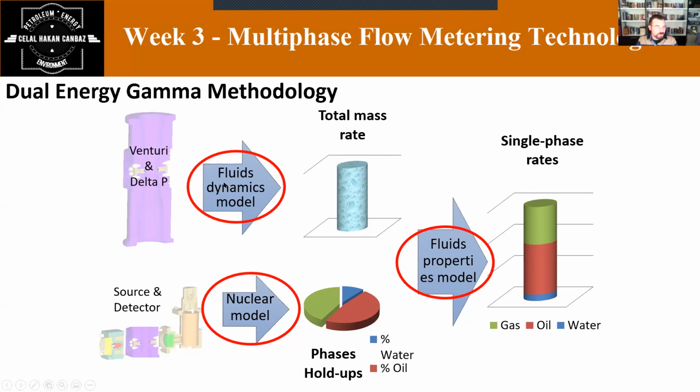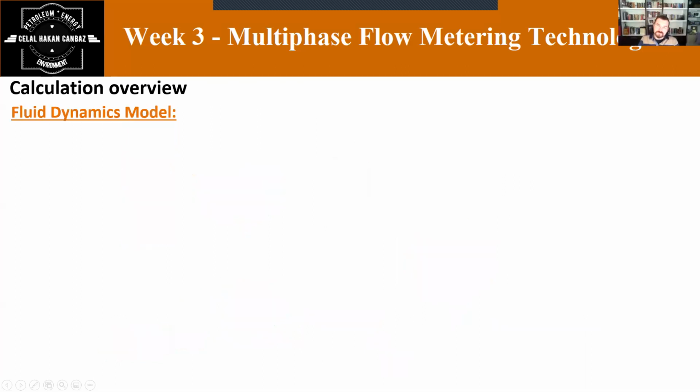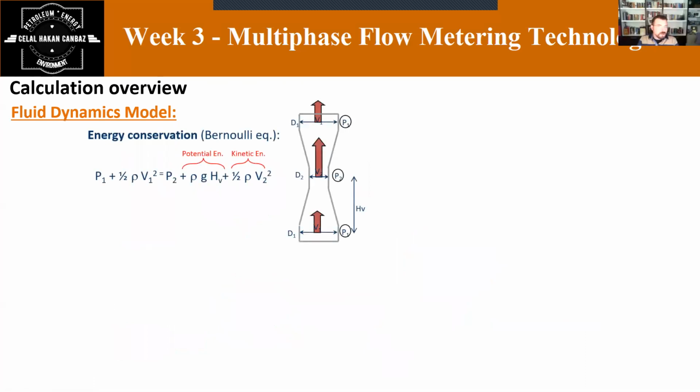So let's go through the fluid dynamics model, nuclear model, and fluid properties model now. The fluid dynamics model uses, of course, as everybody knows, the Venturi section. If it has a Venturi, you have to use the Bernoulli equation for energy conservation, and also mass conservation.